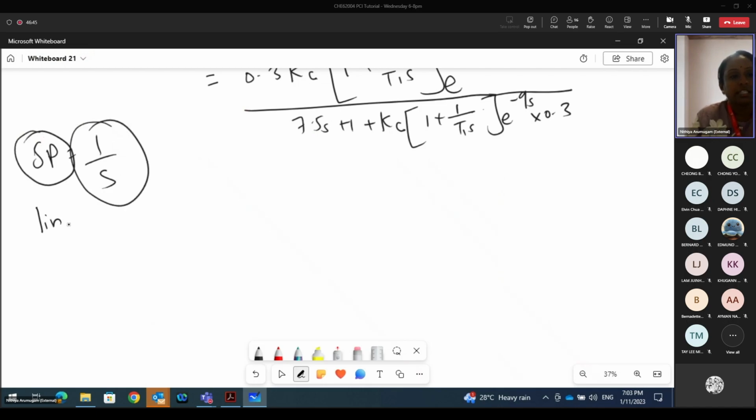1 over s. Now in the final value theorem, the composition at infinity can be expressed as the limit when s approaches 0.